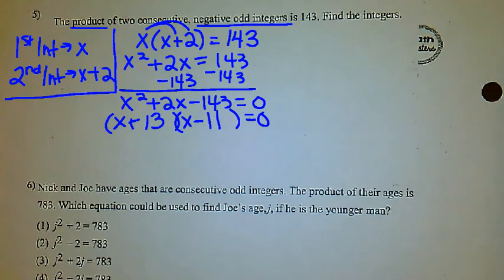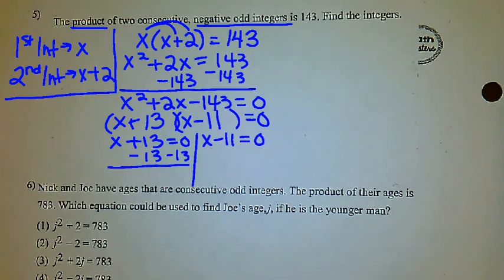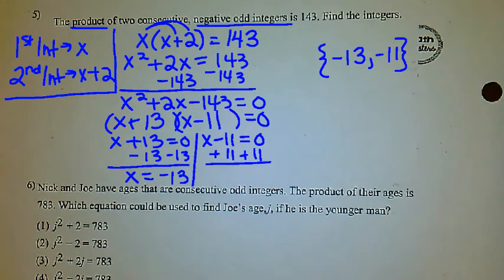So x plus 13 equals 0, x minus 11 equals 0. Okay, so that one is negative, so that works. So we get negative 13 and negative 11. And then with this one, we're going to have to reject that because that's going to be positive.